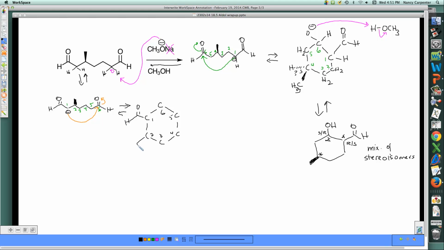Carbon 2 has the methyl group. 3 CH2, 4 CH2, 5 CH2, 6. So our product upon protonation is this guy.